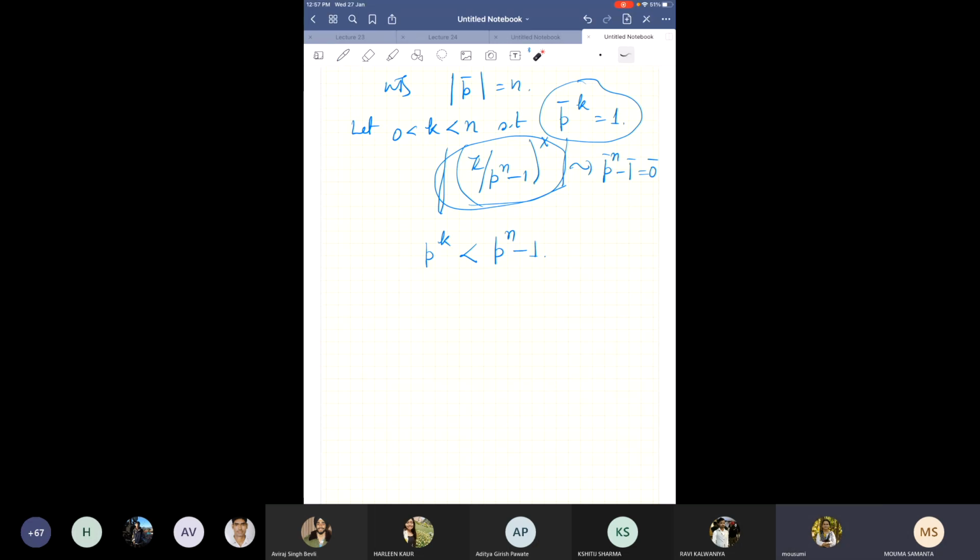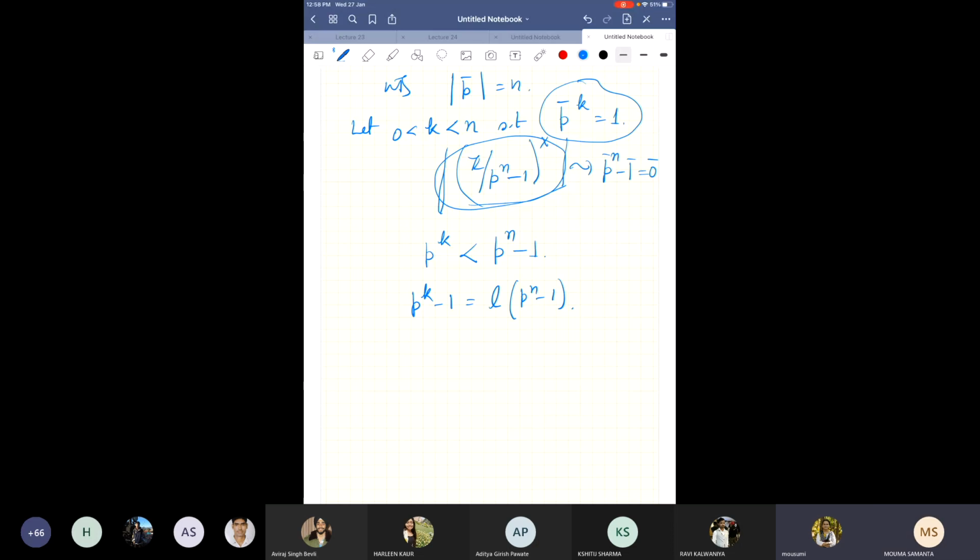Ma'am, I used that if the order of p bar is k, then I have p bar power k equals 1. That means by using a congruent operation, I can say that p power k minus 1 equals some constant times p power n minus 1.